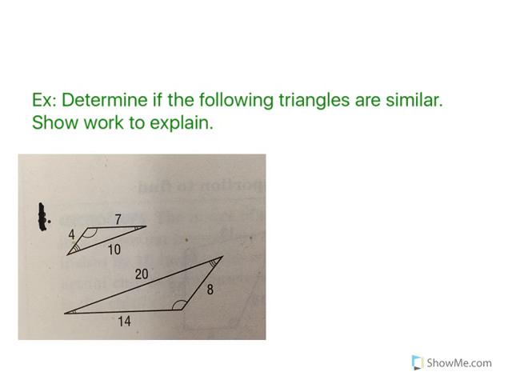For our first example, it says determine if the following triangles are similar. So we're looking at angles and we're looking at sides. The difference with this example is that the triangle is flipped around a little bit. So let's color code this to make sure we're on the same page with the corresponding sides. Let's first look at the bases of the triangles. This base corresponds to this base, so I'm going to color code those green, and I'm going to be careful not to cover these angles up.